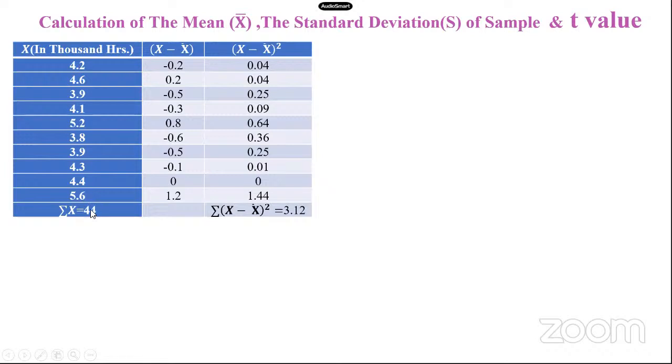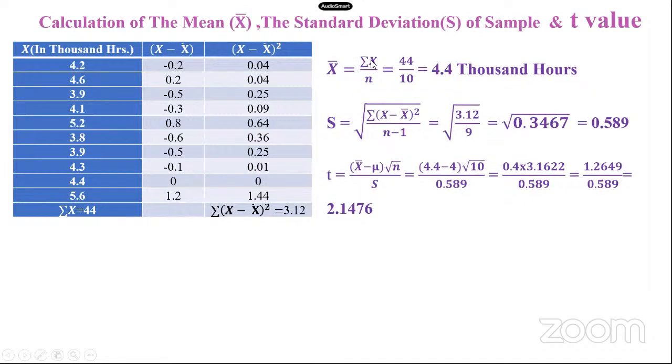Now calculate the arithmetic mean: the sum of all divided by the number of observations, 44 divided by 10, is equal to 4.4 thousand hours. So the actual mean of the sample is 4.4 thousand hours.